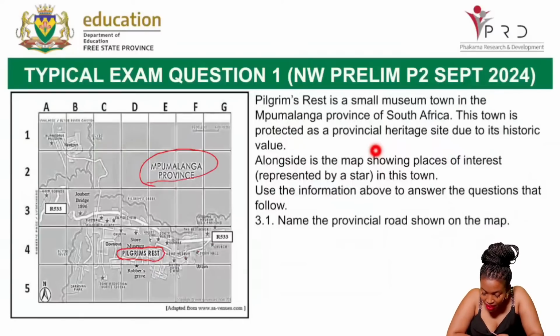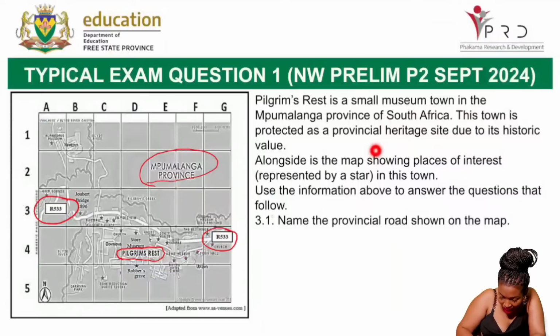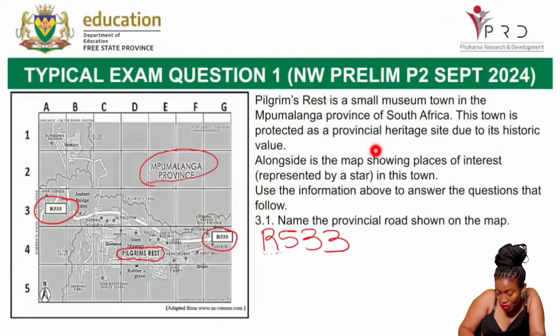3.1. Name the provincial road that is shown on the map. The only road that we are seeing there that is very clear is the R533. The R represents a provincial road. Sometimes it would be the N, let's say the N12.